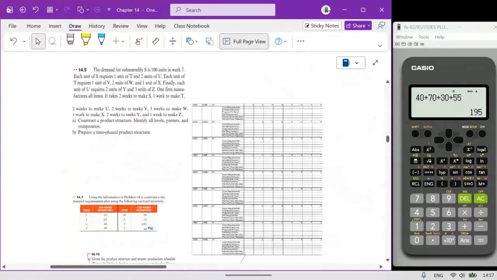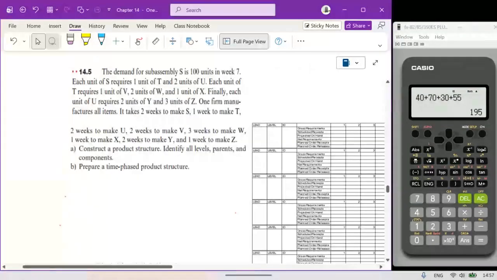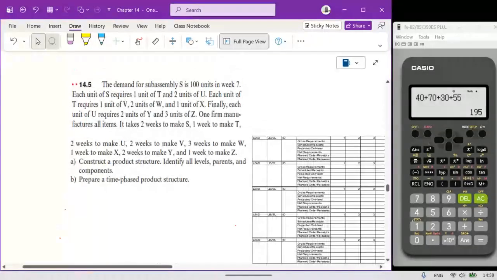So now we have class problems. We have this example, which says 100 components of S are required in week 7.